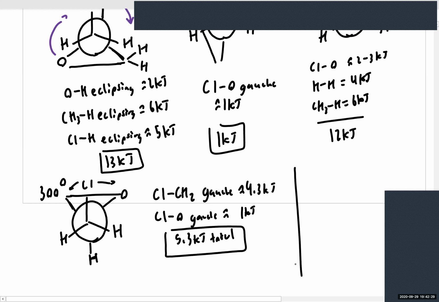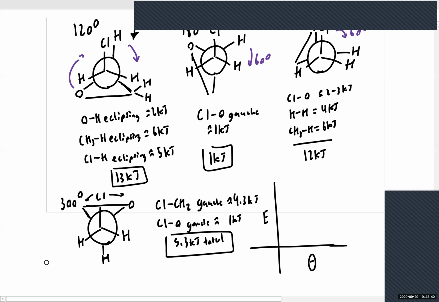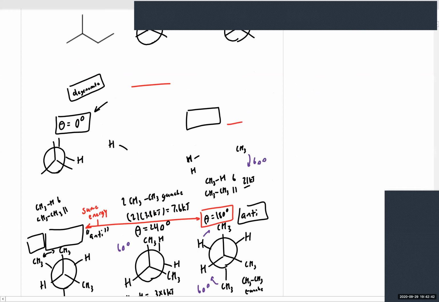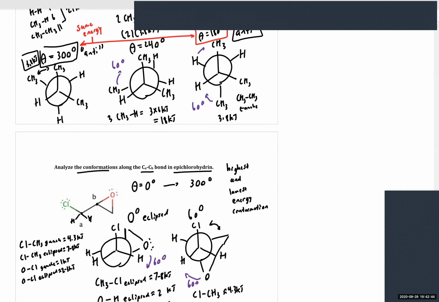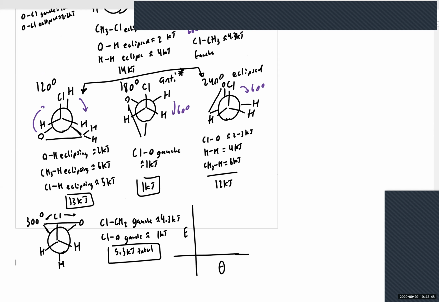So if we were to make a plot of energy as a function of dihedral angle, all we would have to do now is read off from our graph, from our calculated values. So at a dihedral angle of 0, we calculated 14 kilojoules.